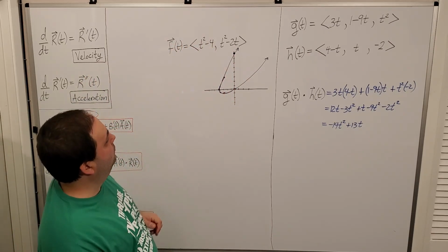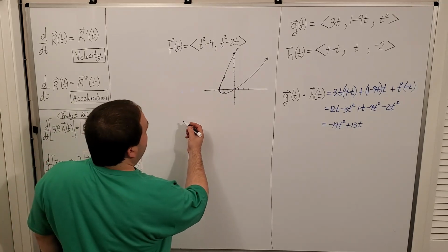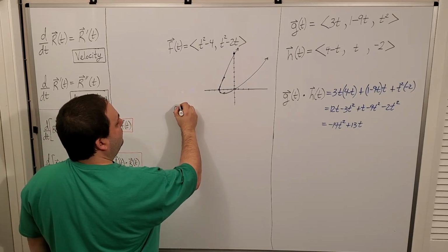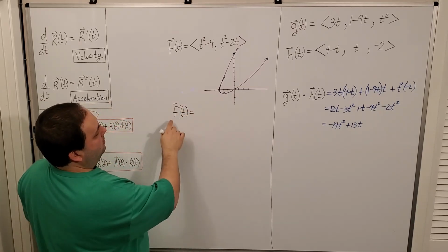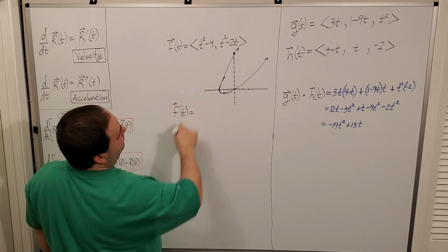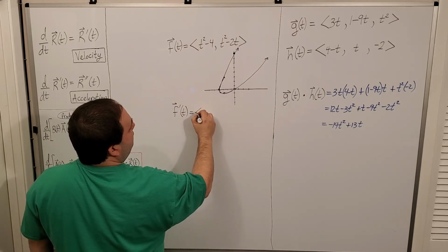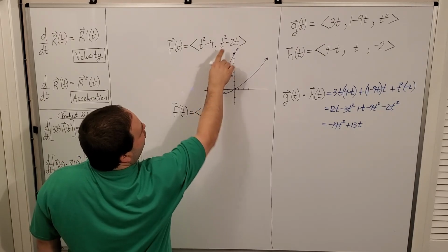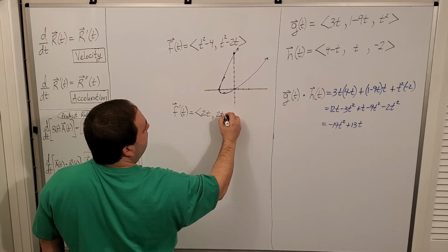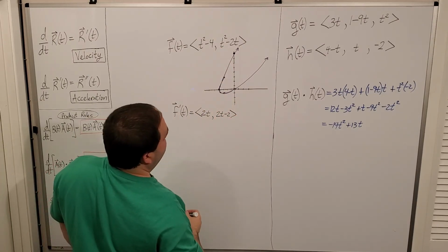Okay? So, for example, let's talk about these two derivatives of this thing that we just graphed a moment ago. If I take the derivative of the vector function, f prime vector function, that derivative is going to be 2t, comma, 2t minus 2, like so.